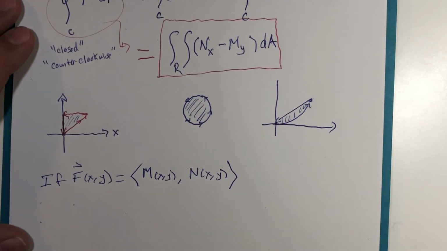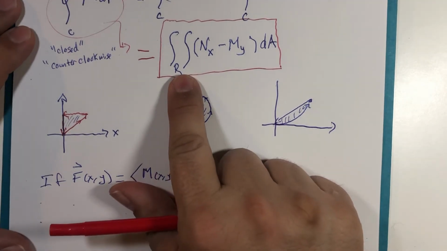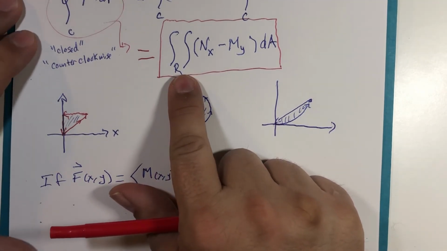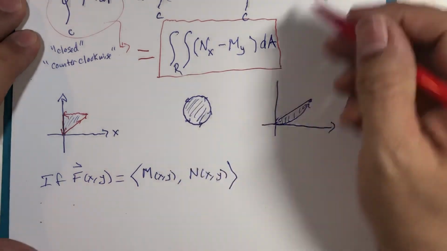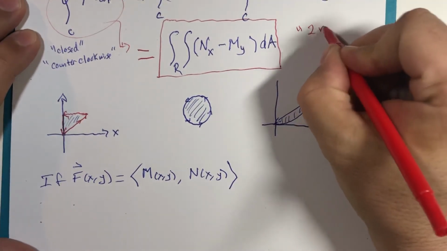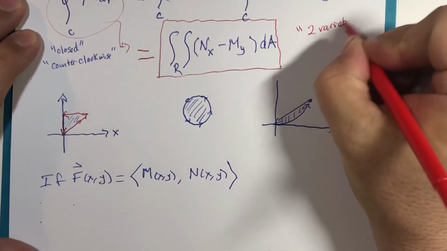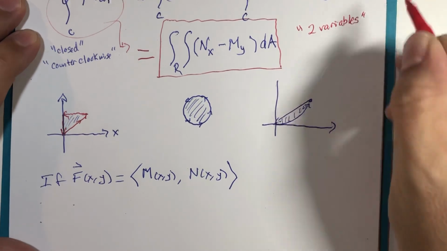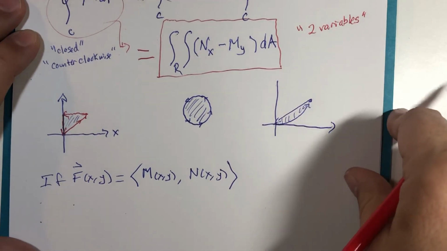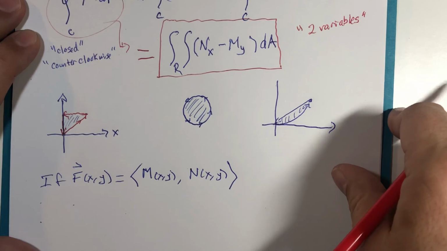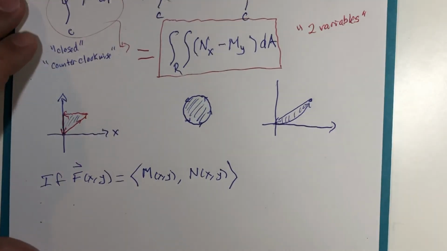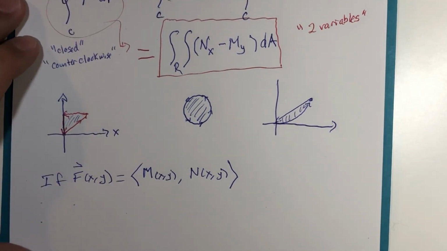One is something I'm just going to observe. With a double integral, that means I can only have two variables. So I'll just put a little footnote here, two variables. For a three-variable problem or application, we'll see that in a few sections in our last series of topics. That's one of the things I wanted to mention.